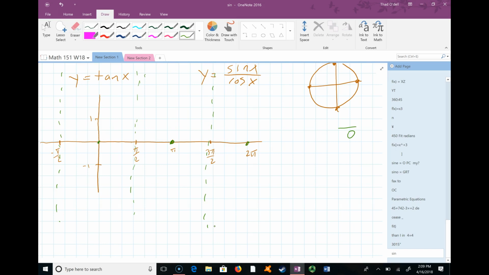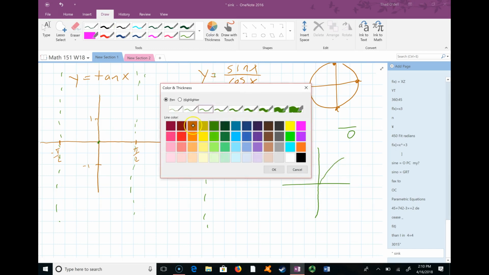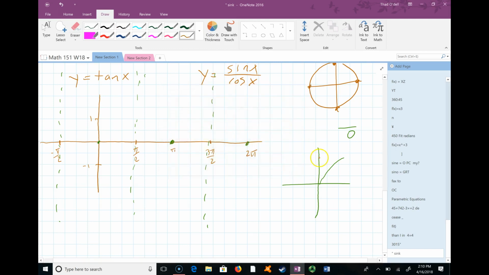So now what's happening in between? So let's go back to this middle one. At the very beginning, if you can picture, sine is going up, right? And cosine is coming down. Okay? So as we leave 0, sine is getting bigger and bigger and bigger. Cosine is getting smaller and smaller and smaller.